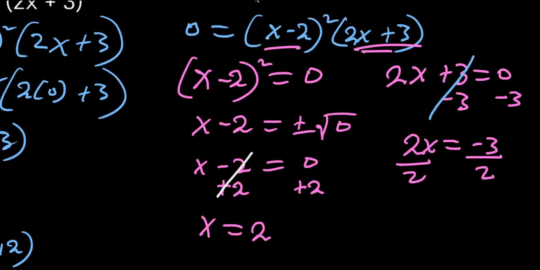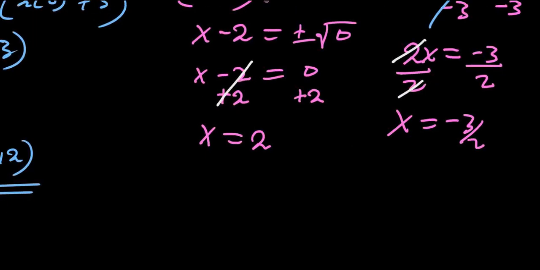And 2 is going to cancel 2 from here. And x will be equal to negative 3 over 2. So these are the zeros of the function or the roots of the function. Now the x-intercept.